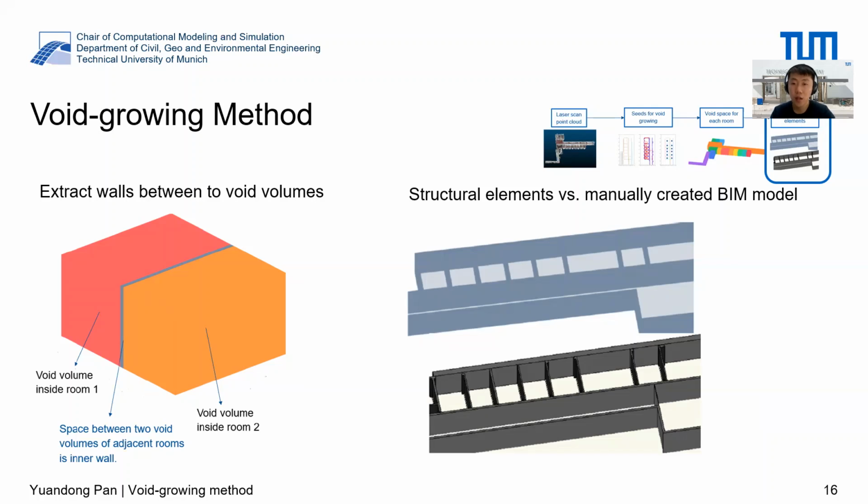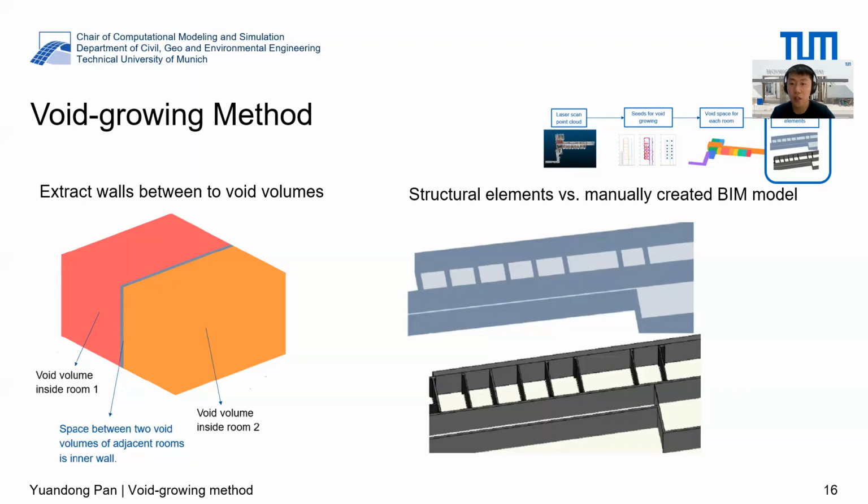In contrast, both sides of the inner walls can be scanned when we collect data inside a building. That means we grow void volumes inside two adjacent rooms. The space between two void cuboids is considered as the inner wall, as shown in the figure on the left-hand side.